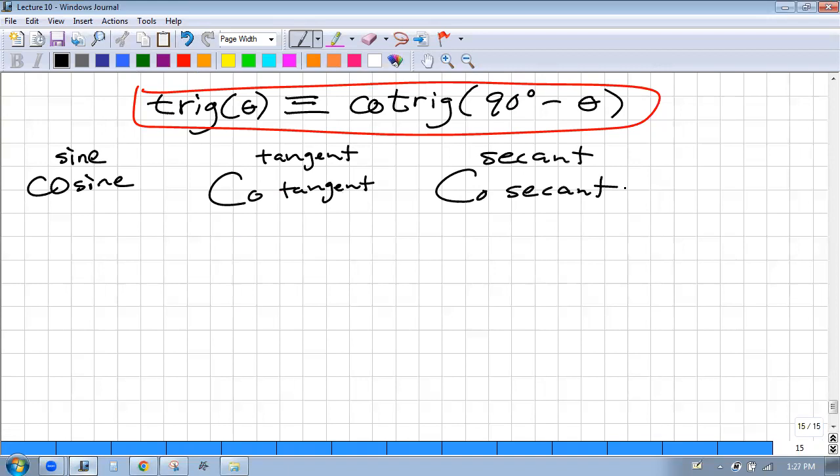So far, we haven't made any connection between these functions. These happen to be reciprocal to one another, but that's not what this is about. Like, we didn't have any relationship between secant and cosecant, right?